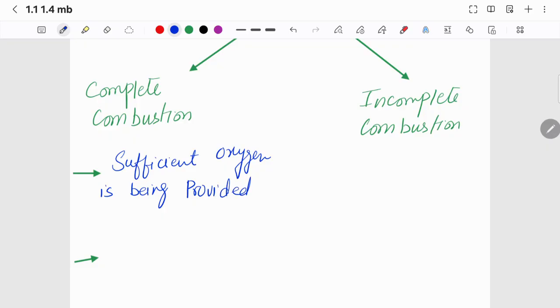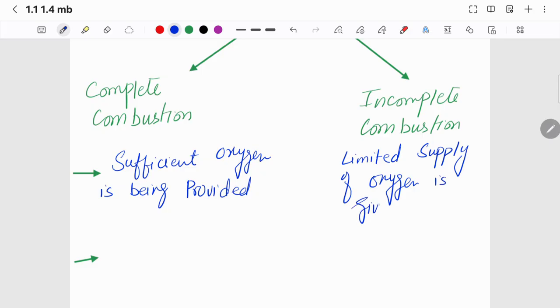and in incomplete combustion, limited supply of oxygen is given.